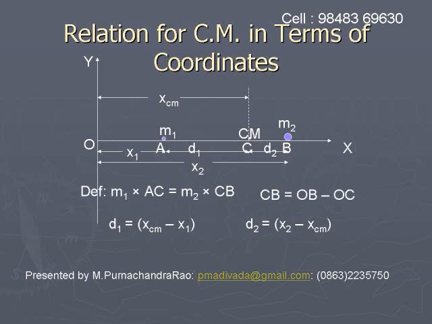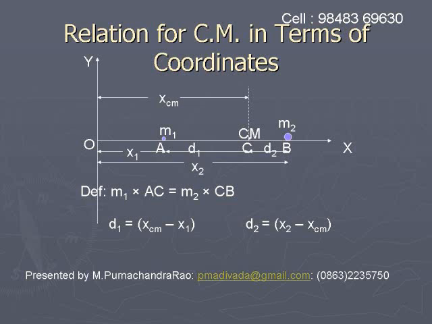Then d1 is equal to xcm minus x1, because AC is equal to OC minus OA.